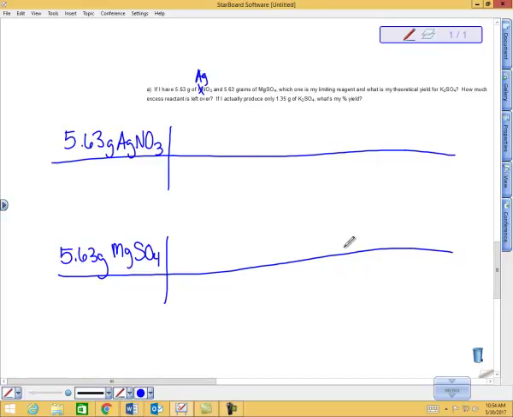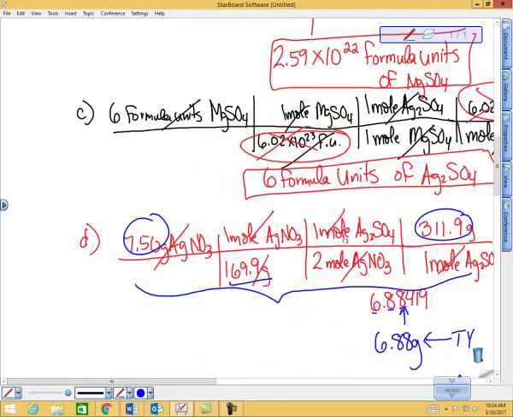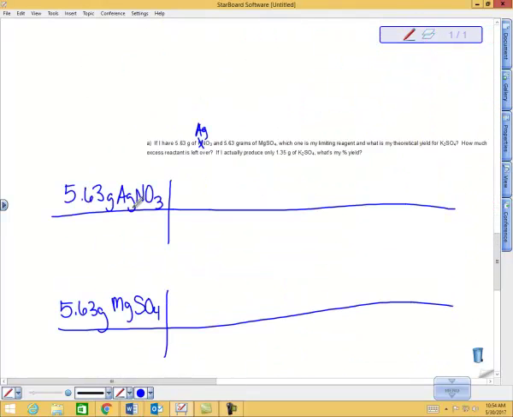Molar mass of silver nitrate, again, is 169.9. And get that down here. Basically, we're converting all of these to moles so that we can look at the balanced reaction. All right, MgSO4, magnesium is 24.3, S is 32.1, oxygen 16 each, times 4. I got 120.4.